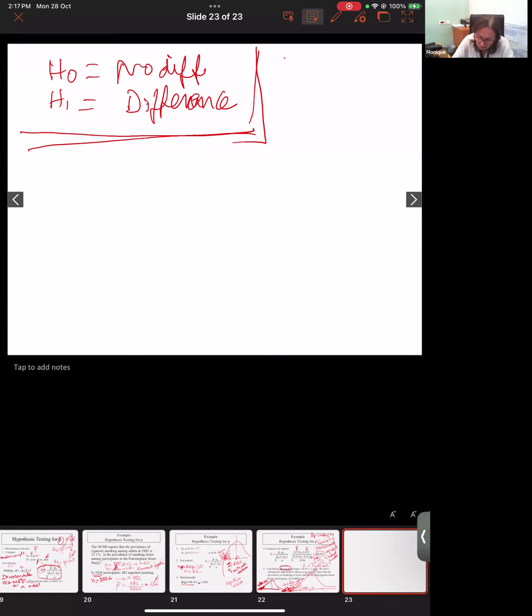So the claim would start with two hypotheses. One, which is H0, is that the probability of marijuana use is 0.5 or less. We'll put it as no different than 0.5. While your H1, what you want to prove, is that the probability among young adults in Lebanon, based on all these claims, is actually more than 0.5.